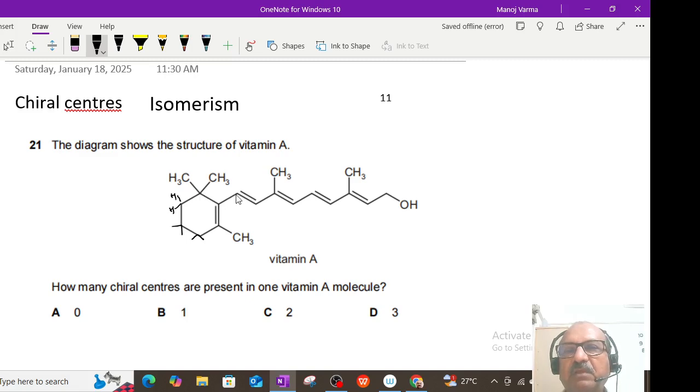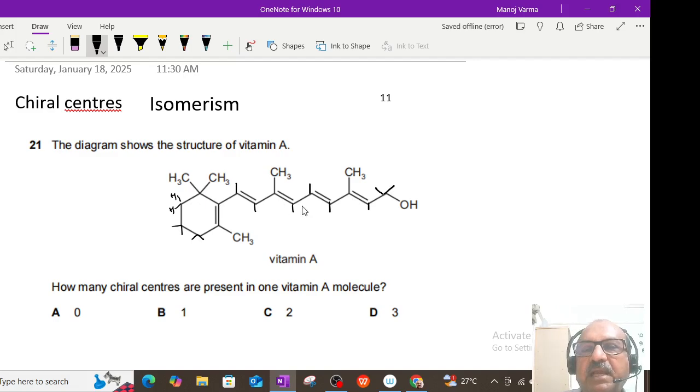Here if you see 1, 2, 3, so there is 1 hydrogen atom, there is 1 hydrogen atom, and 1 hydrogen atom here, 1, 2, 3, 1 hydrogen atom here, and 1 hydrogen atom here, and 1, 2, 3, 1 hydrogen atom here, and 2 hydrogen atoms here.